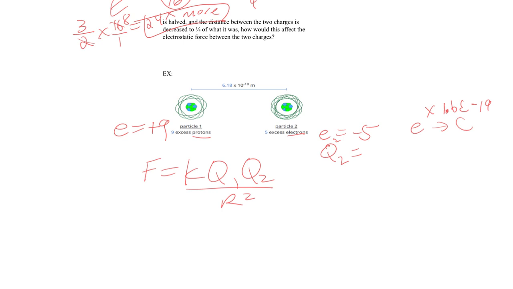Okay, so this would be -5 times 1.6 e to the -19. And this one will be the same thing. Q1 equals positive 9 times 1.6 e to the negative 19.